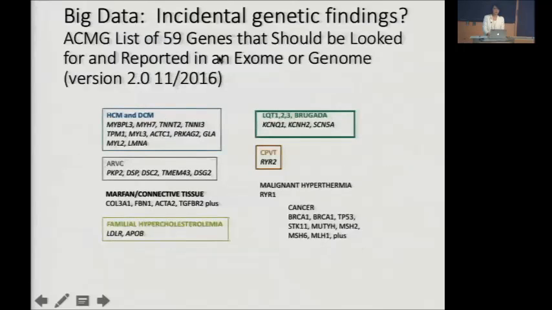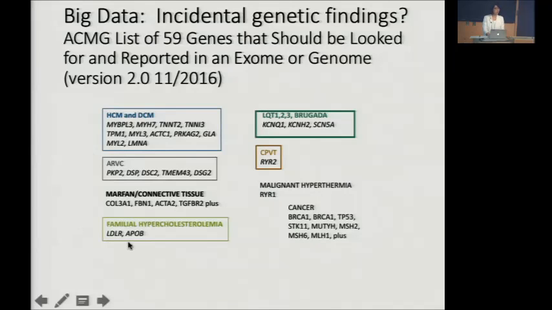Okay. So from big data, again, incidental genetic findings are a problem. The American College of Medical Genetics has come up with a work in progress list of 59 genes that should be looked for and reported in any patient's clinical exome or genome. And I just want to point out that most of these disorders are adult onset disorders, okay?